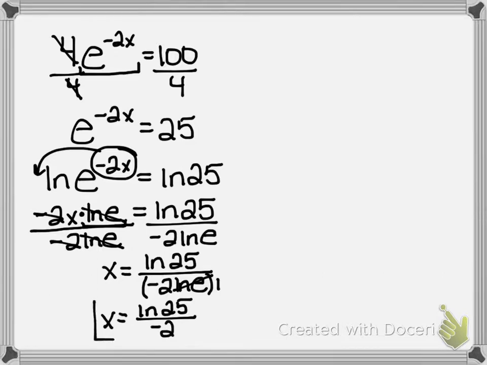Okay, so this is our final answer. It's our nice, pretty exact answer, because when you type this into your calculator, you are not going to get a nice, pretty answer. When you type this into your calculator, what you will get is approximately -1.609.